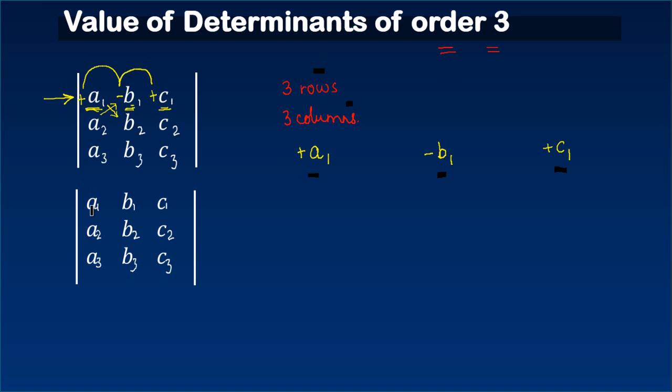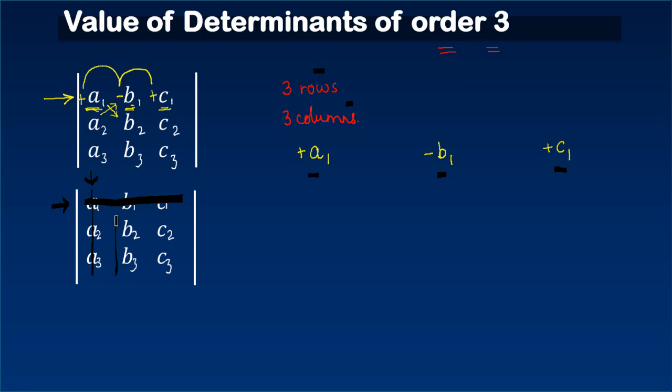Now if I talk about A1, A1 falls in which row? It falls in the first row. So I will erase this first row. And A1 also falls in the first column, so I will ignore the first column as it is. Now once I do that, what am I left with?